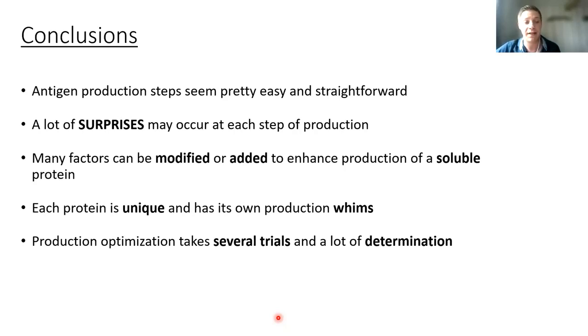But you have to remember that each protein is unique and has its own production whims. Finally, the production of a protein needs optimization, and it takes several trials and a lot of determination. But the important thing is to not give up and keep trying until you can purify your protein of interest.